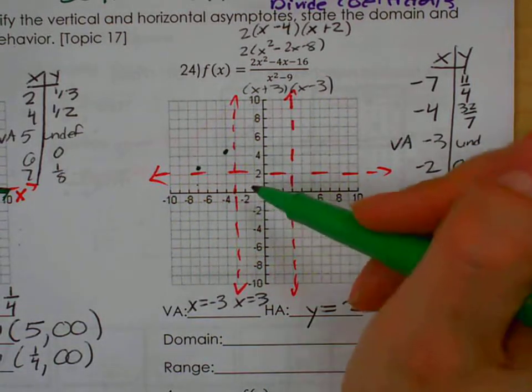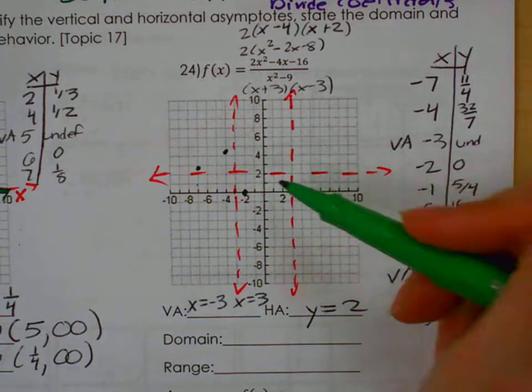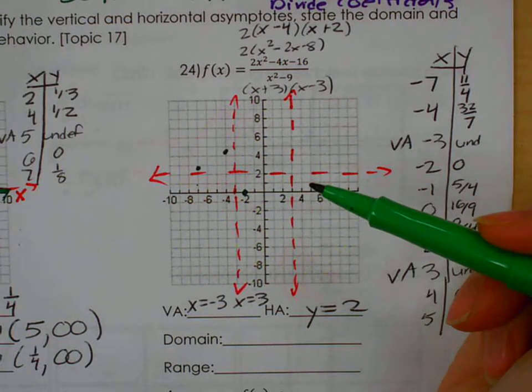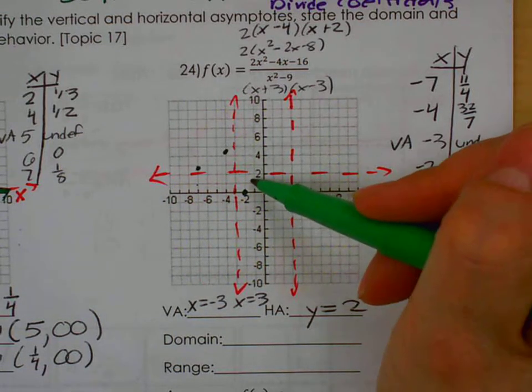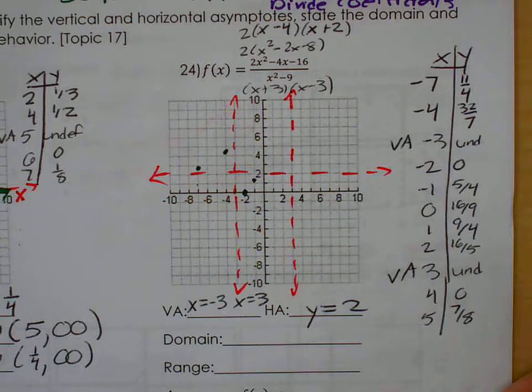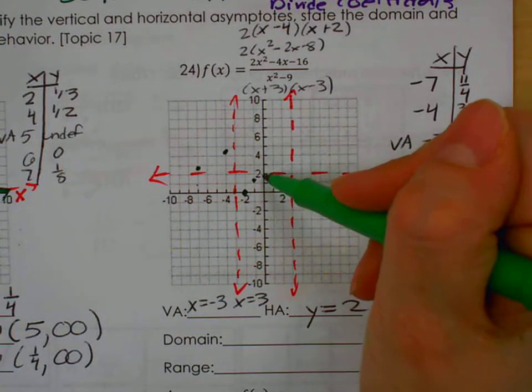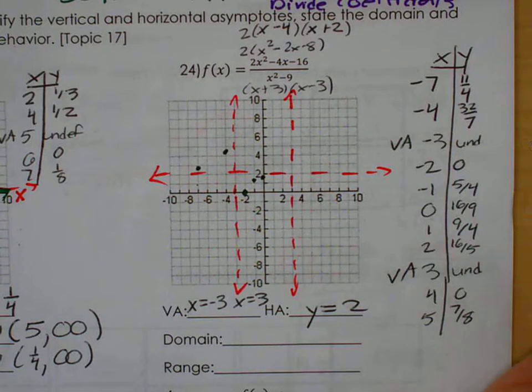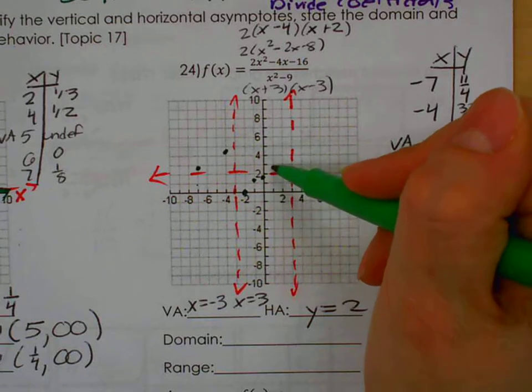And then I've got -2, 0, -1 and 5/4. So that's a little bit above 1. 0 and 16/9. So 16/9 is close to 2, but not at 2. 1 and 9/4. So this one's going to cross, because 9/4 is a little bit bigger than 2. So I've got 1 and a little bit past 2.